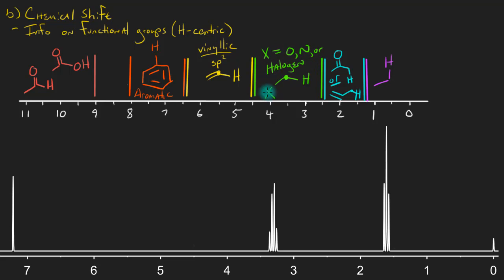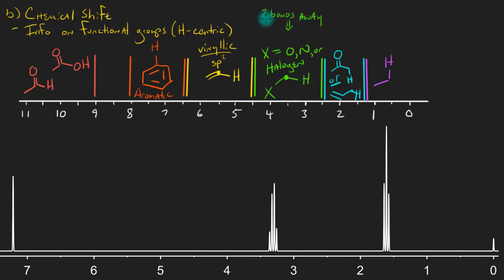So this could be a chlorine, bromine, fluorine, whatever, but if that hydrogen is attached to the carbon, and that carbon is attached to an X, you'll generally find peaks in this region. Another way that we can think about this relationship between the hydrogen and the X is that from this hydrogen to the X, there are 2 bonds in between these 2 atoms. So if you have this type of relationship where you have 2 bonds that separate 2 atoms, we actually have a special term for this.